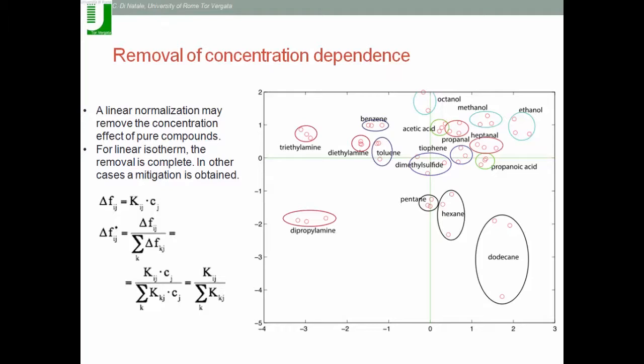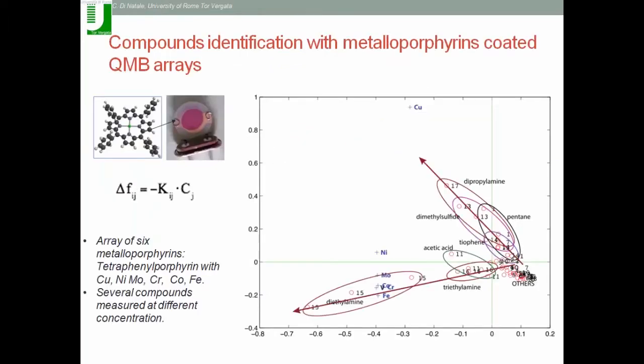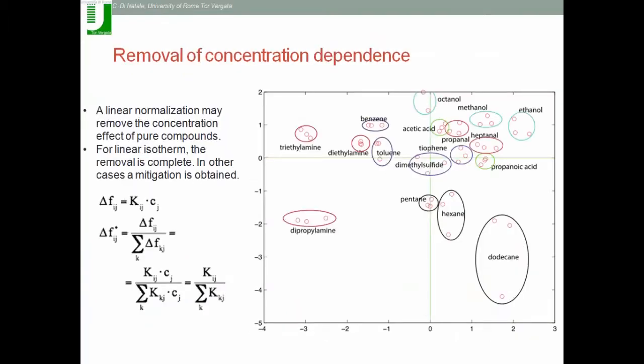Each sensor is divided by the sum of the others, and this is what happens actually. So the concentration effect disappears, and we can disentangle all the different compounds, and we can recognize all the compounds that were actually plotted one over the other here in this plot. Okay, and this is an easy case where there is a linear relationship between the sensor and the concentration and the quantity of the measurement.